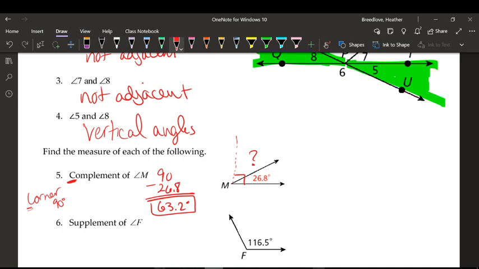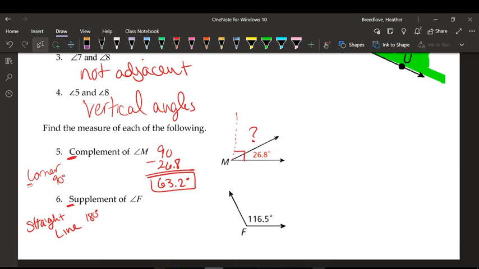So if complement is 90, supplement with the S for a straight line. Straight lines or straight angles have a measure of 180 degrees. That looks like I said greater than. All right, so supplement of angle F. Here's angle F. That would be a straight line. It would end up looking like that.